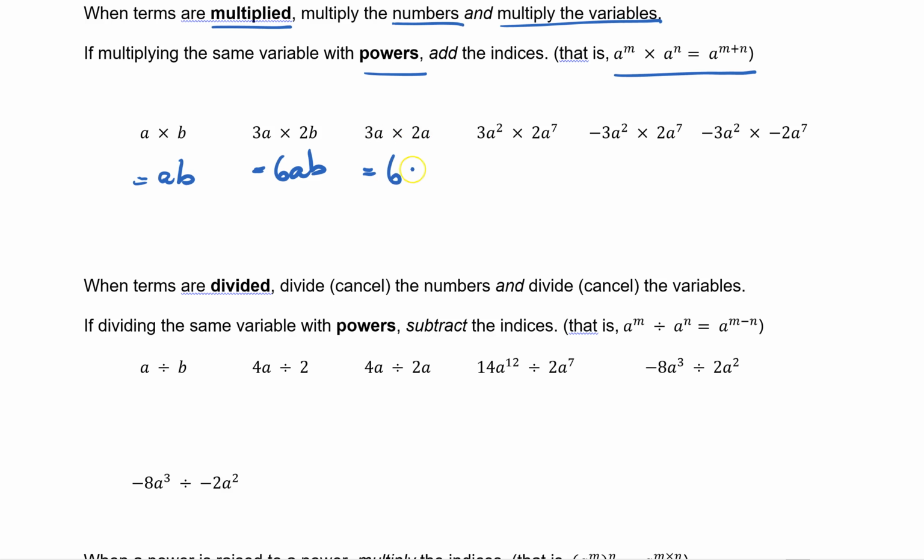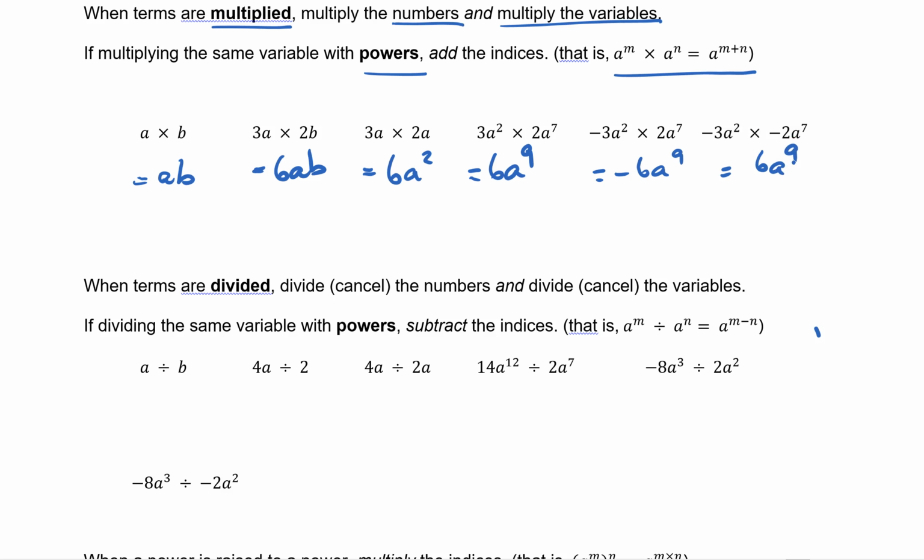You know that a times a is a squared, but the reason is it's an a to the 1 plus 1. So our next one is 6a to the 9. Next one after that, we've got negative 6a to the 9. And the last one, just being careful of the two negative signs, that's going to give us a positive 6a to the 9.